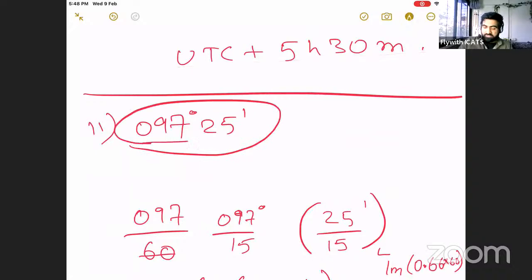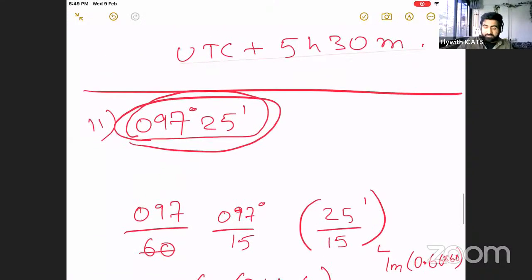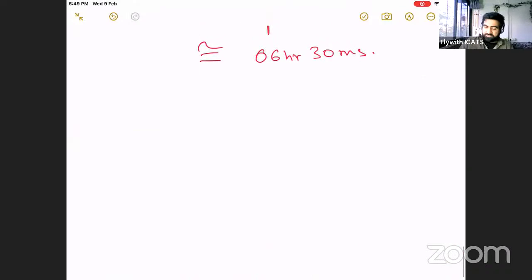Look here. This is a position of a place. A meridian is divided into degrees, minutes, and seconds. So students, let me show you all this also.